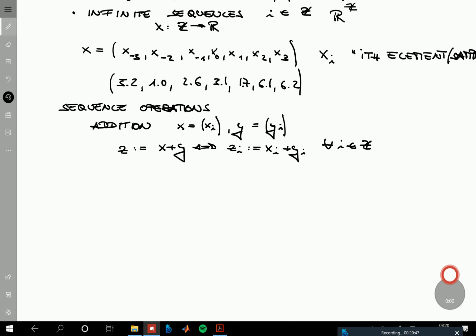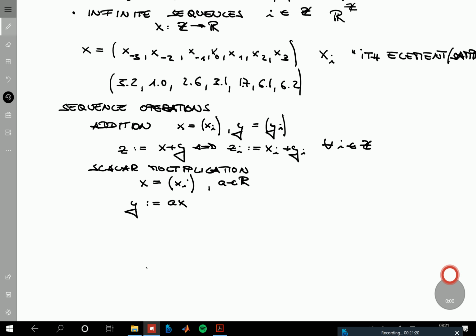The other thing is scalar multiplication. So if we have a sequence x, and we have a scalar, so not a sequence, but just a number, just a real number, then we can define a second sequence y as the multiplication of a times that sequence.